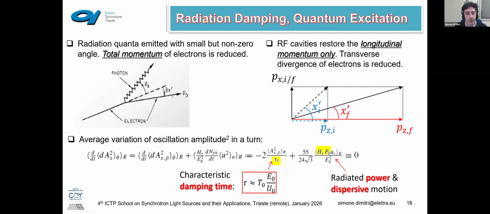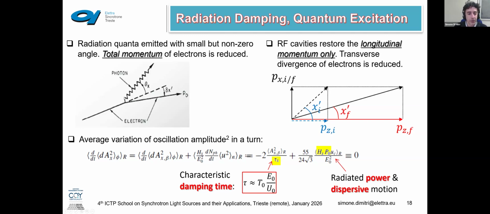Now, I mentioned the fact that the particles are emitting radiation. The simplified picture is that each photon, which is the smallest quantity you can use to define an electromagnetic field, and we can describe equivalently as a particle, is emitted instantaneously along the direction the electron is moving at the point of emission.